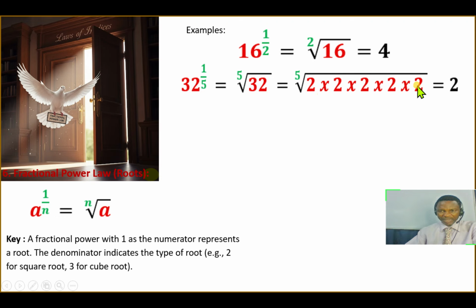In other words, what is the number that will multiply by itself 5 times to get 32? So the answer is 2. 2 multiplied by 2 is 4, multiplied by 2 is 8, multiplied by 2 is 16, multiplied by 2 is 32. So the fifth root of 32 is 2.